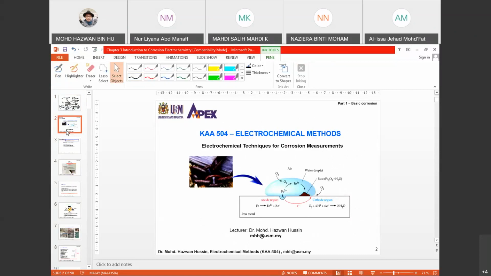So corrosion is basically the application of electrochemistry. Starting from this chapter, we are going to learn about the fundamentals of corrosion, the process related to electrochemistry, the kinetics behind it, and then the techniques for monitoring.